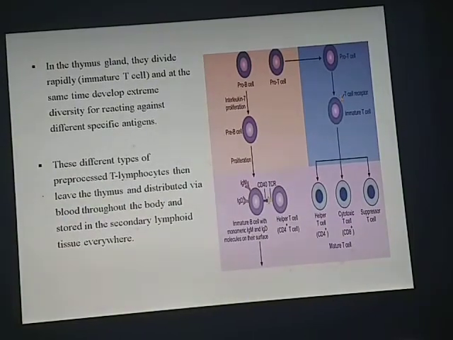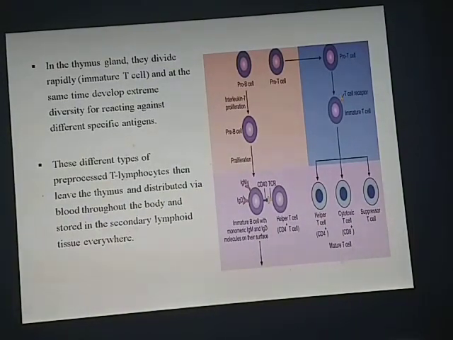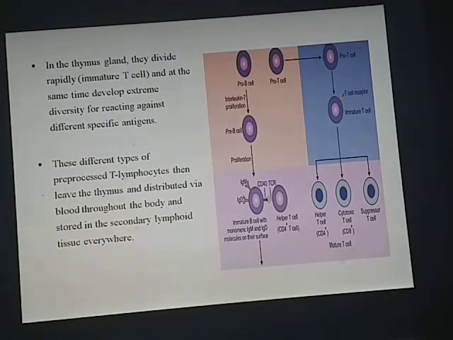In the thymus gland, they divide rapidly and at the same time develop extreme diversity for reacting against different specific antigens. These different types of pre-processed T lymphocytes then leave the thymus and are distributed via blood throughout the body and stored in the secondary lymphoid tissue wherever they are present.